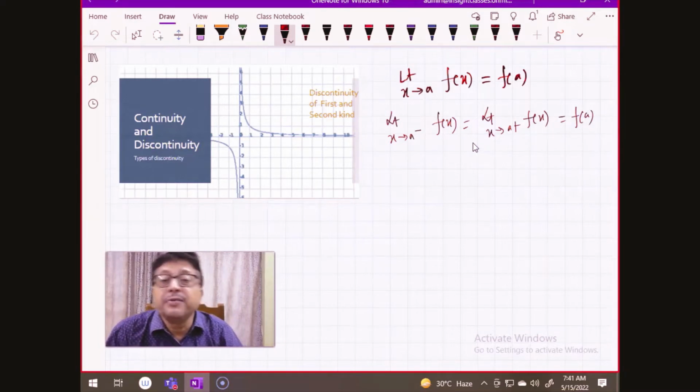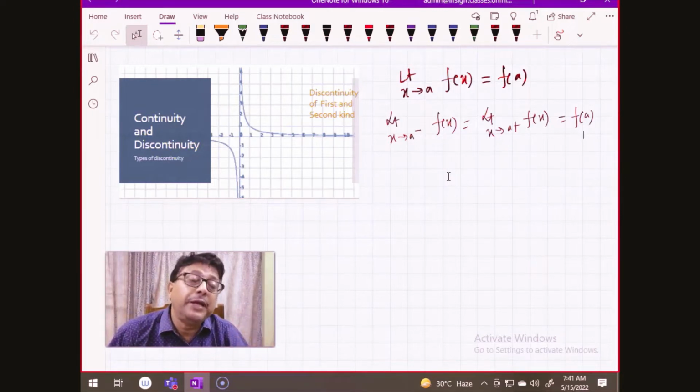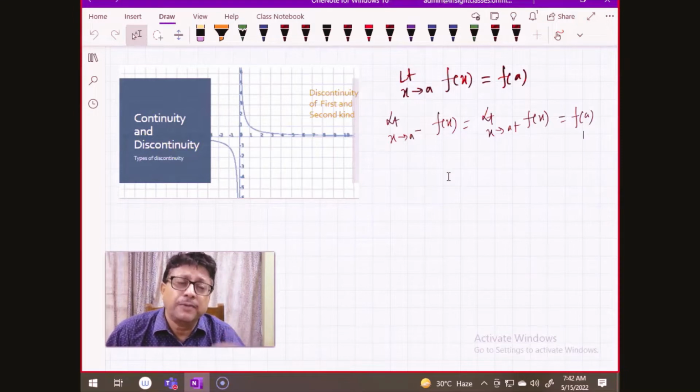But there is another way to see a discontinuous function. At a point, the value of the limit may be infinite, or it does not exist at all. In that case, we will say that the function is discontinuous and it belongs to the second category.